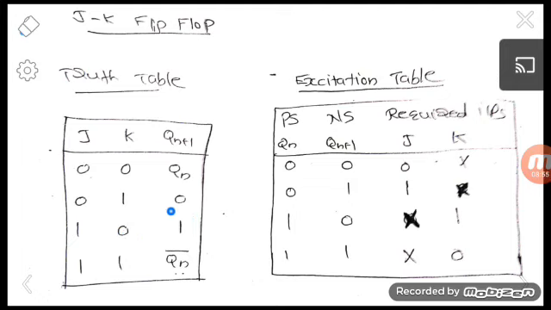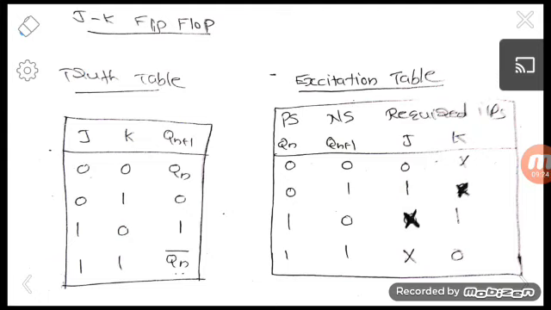Also, this is the toggle condition: when j is 1 and k is 1, the output will toggle, so we can take this too. So for the second case, we can take the last two conditions, 1 0 and 1 1, that is j is always 1, but k can be 0 or 1, so we write j is 1, k is x.